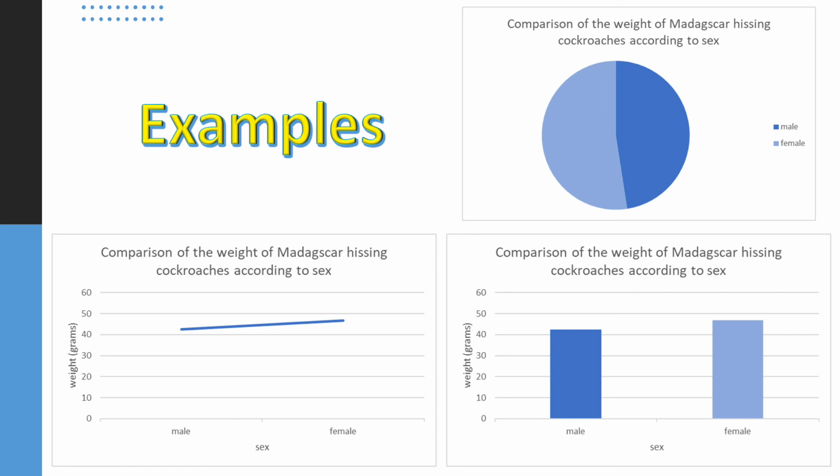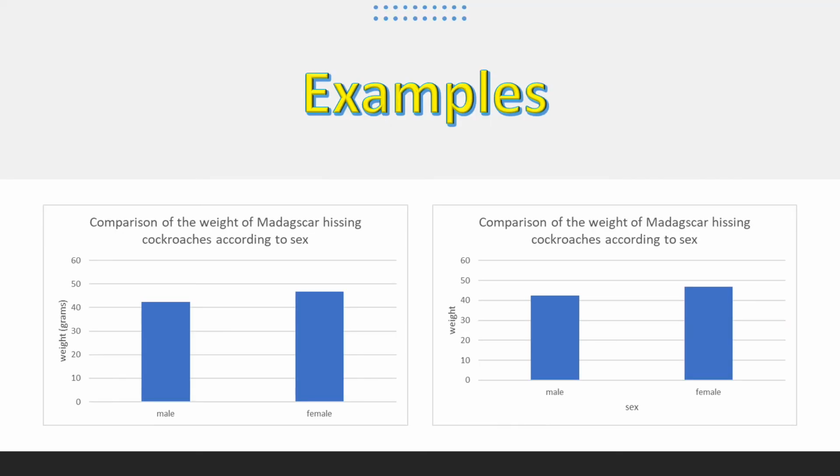In this graph, you have your weight in grams, so you have your unit of measurement, and then on the horizontal axis, you have sex. It is separated into male and female, and the student has taken the average of all of the weights that they took. So we're now going to look at some different examples.